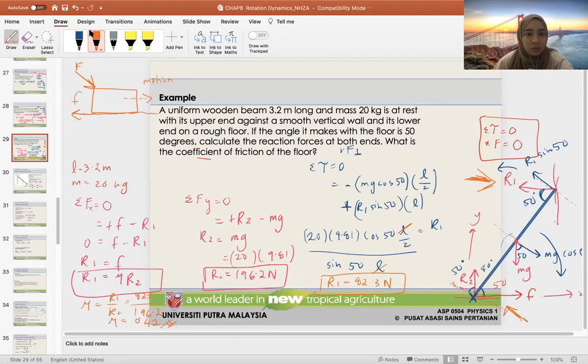Now, when I want to solve the forces for this particular box, I say, okay, so F is going this way. This is my Fy. This is my Fx. In the Fx, assuming that I don't have acceleration, so it's a 0, right? It's moving at a constant velocity, so there is no acceleration going on. So my Fx is equal to 0.